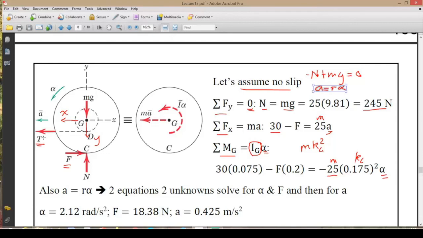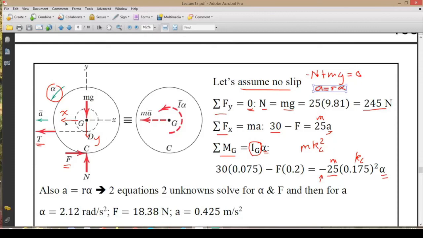The moment that is caused by this T, with respect to our frame, the axis is going out of the board or screen, so it will be in the negative direction, and alpha, the way that we have it, is the positive direction. But in this equation, take a look at it, it's written as a negative sign here. So it is assumed that the z-axis is going inside the board, and the way that we write this equation is consistent with that.